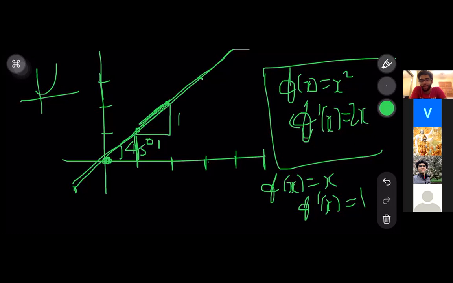So I would like to give you something to think about. What if the slope of a function is also a function? That's exactly what we spoke about, right? It need not be a constant number. It could be a function that keeps changing depending on the value of x.